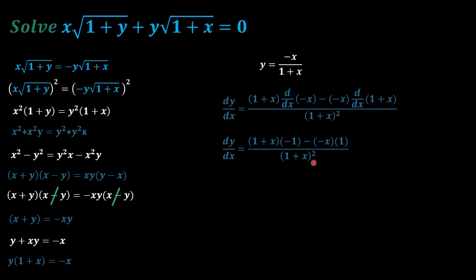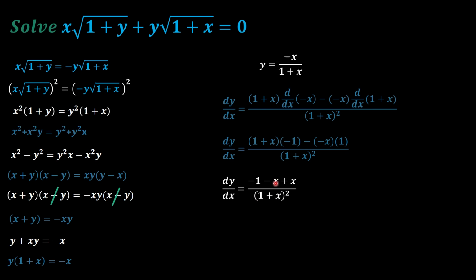And (1+x)² is the same as before. Now we will simplify: minus into plus equals minus, and 1 into 1 equals 1, and −1 into x is −x, minus minus becomes plus, and this x multiplied by 1 is x, all upon (1+x)².